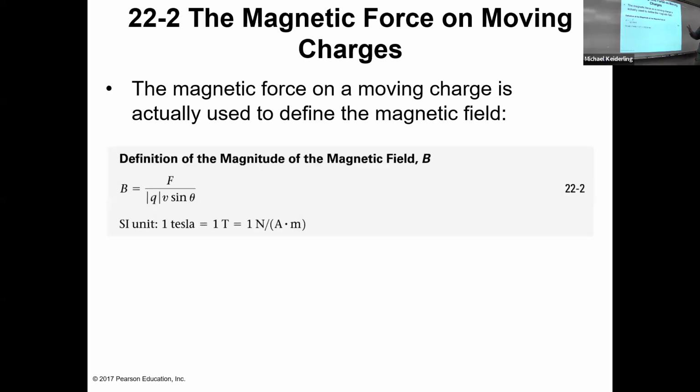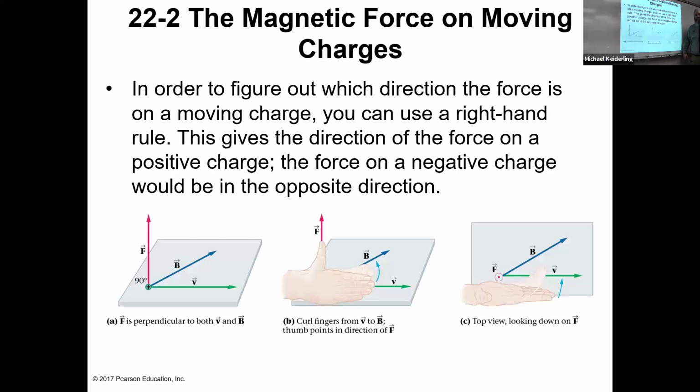So the magnetic force on a moving charge is what defines the magnetic field. You put your fingers in the direction of the velocity on your right hand. You bend them in the direction of the magnetic field, and your thumb will point in the direction of the force.